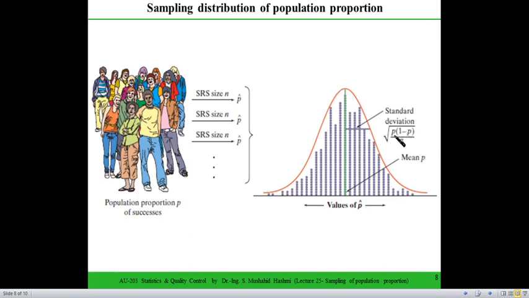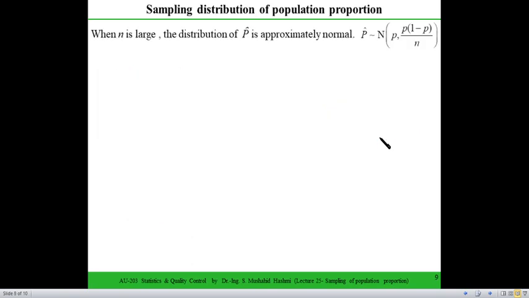So the same normal distribution can be used to calculate the probability associated with the sampling proportion. Let's say you have a case in which n is large, which means the central limit theorem can apply, and the distribution of the sample proportion would also be normally distributed.